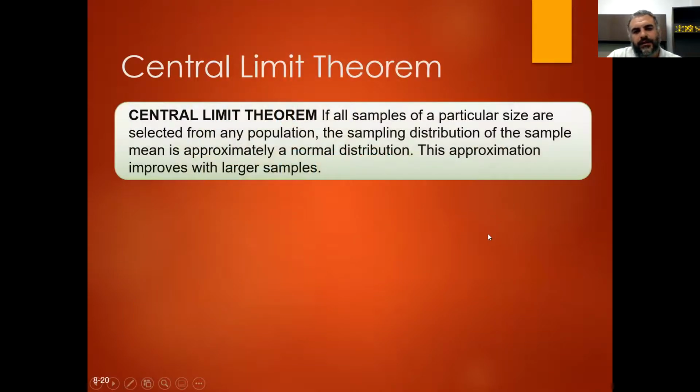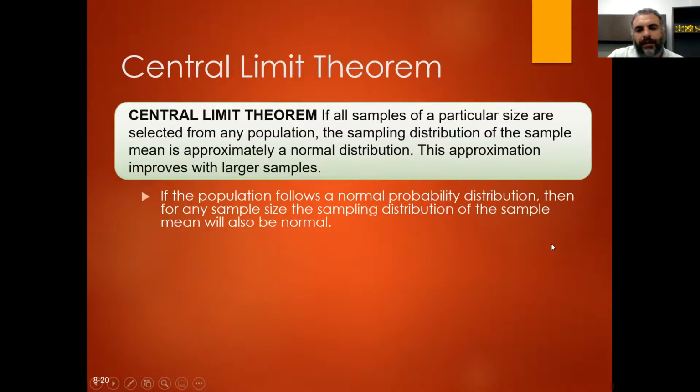Okay. So in the central limit theorem, we have the samples, and if they are normally distributed, they will be approximated to a normal distribution or Gaussian distribution.